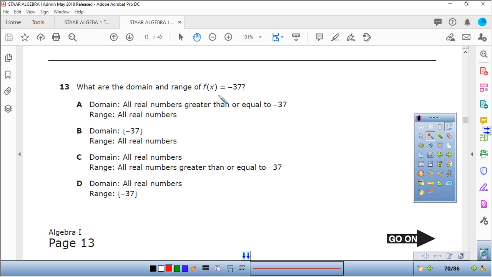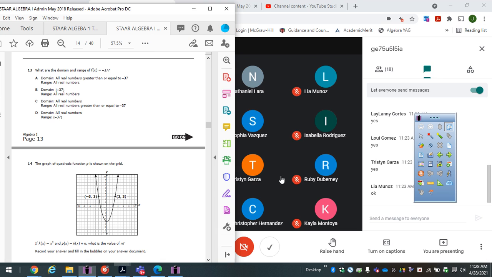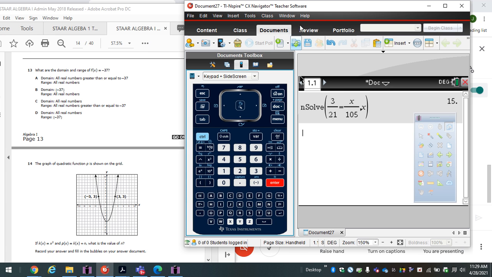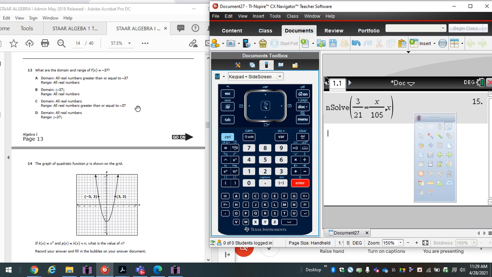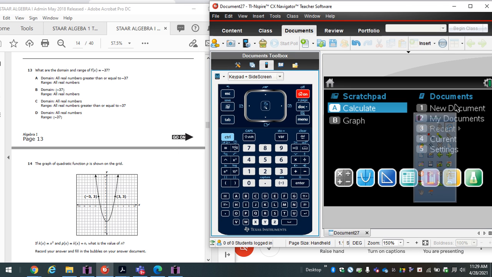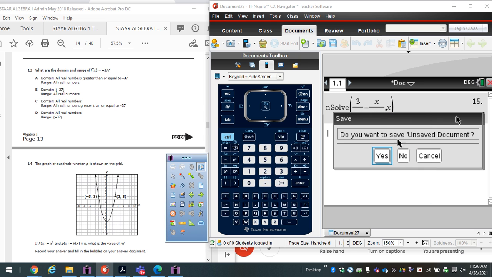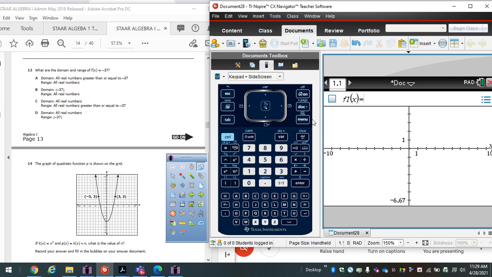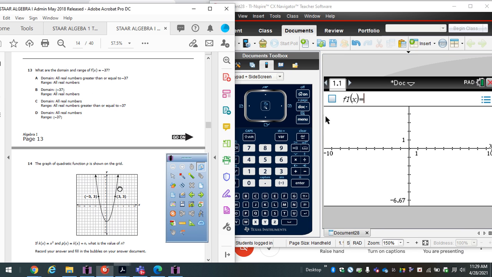What are the domain and range of? Ooh, this is easy, guys. That's just y is equal to negative 37. That's it. So you can graph that one. I don't know how you want to do that one, so I'll just graph it real quick. That's my y. Oh, what happened here?